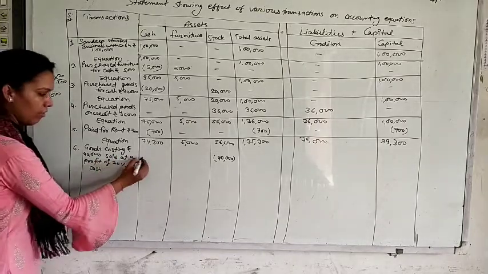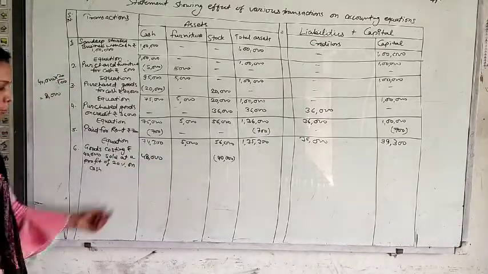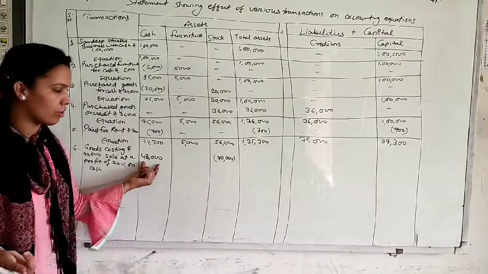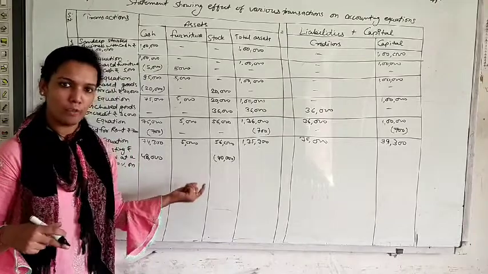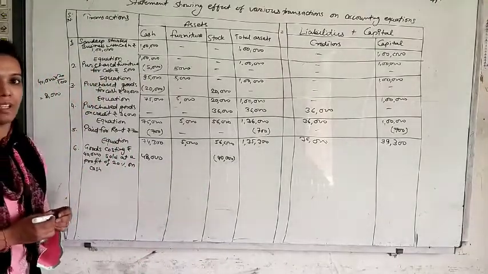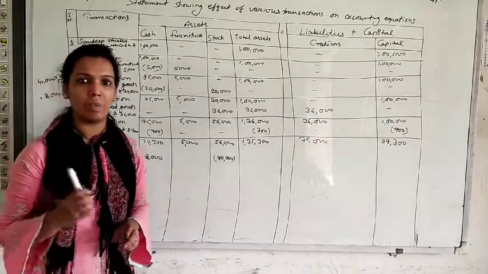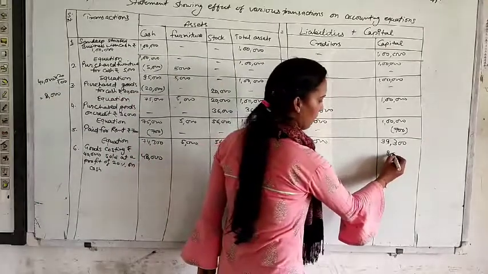So you will receive 48,000 in cash. That's why cash increased by 48,000. Stock's value was 40,000. That's why stock decreased by 40,000. And the remaining amount, that is 8,000, is your profit. It means this is income for you. And as I told you, every income will be added to your capital. So 8,000 will be added to your capital.